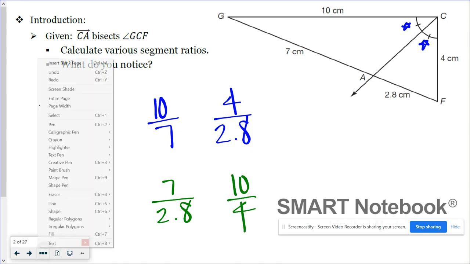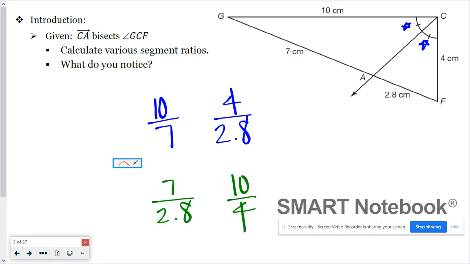So I'll tell you what I notice. I notice that some of these ratios are actually equal to one another. So the one I have in blue, both of these are equal to 10 over 7.